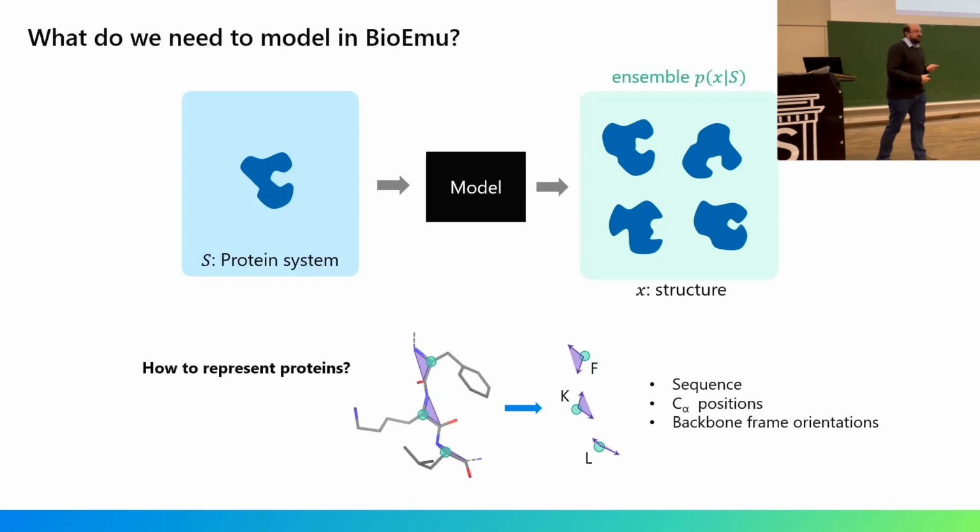We need to know what amino acid this side chain belongs to. That's the sequence information I mentioned before. And then it will also be nice to know how these side chains are oriented in space. And that we can do by taking these backbone frames and using them as orientation frames as input in the model. So this is one of the most common ways to represent the structures.